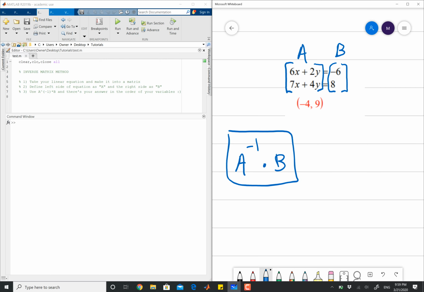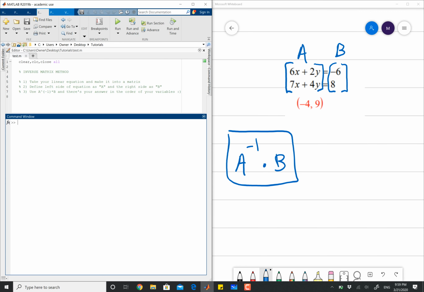Now, all I've got to do is input this matrix into MATLAB, and then do the same thing for matrix B. In my command window, I'm going to have A equals open bracket. This is going to be a 2 by 2 matrix. When I'm inputting my matrix into MATLAB, I'm not worried about my variables, okay?